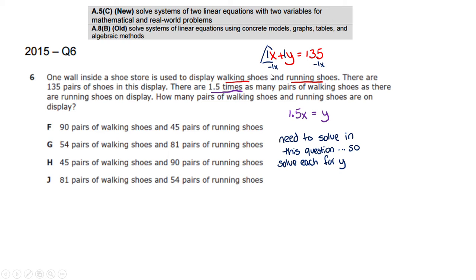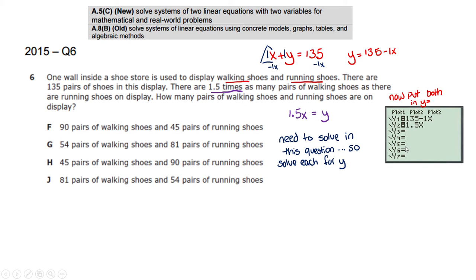It's the top one that's not solved for. So if I set up my rectangle and triangle, move over 1x, then I would have y equals 135 minus 1x. Once you have both equations solved for y, put them into your y equals key, and then look at the graph. If you notice that on the graph you only see one line, not 2 lines, then I can't use my trick that I learned on day 9, which is look at the intercept.